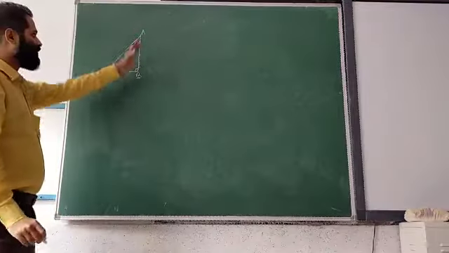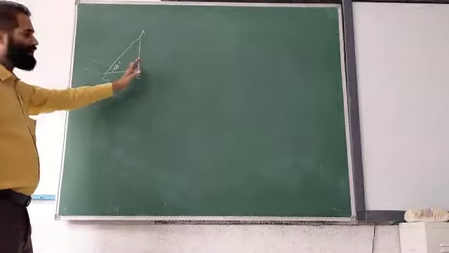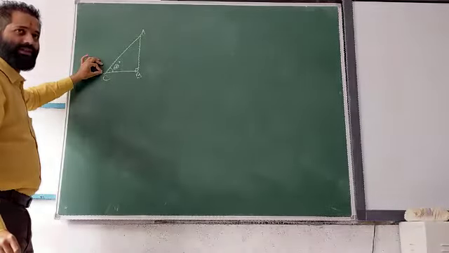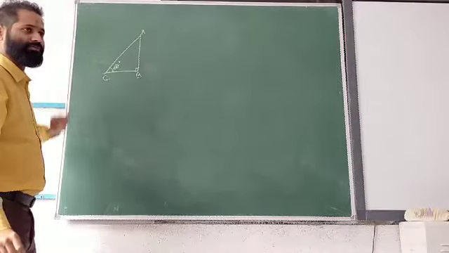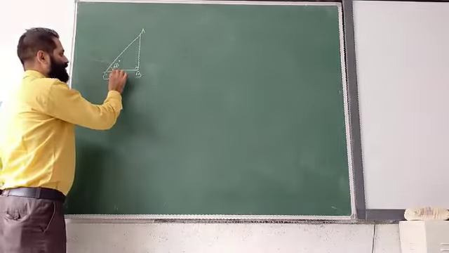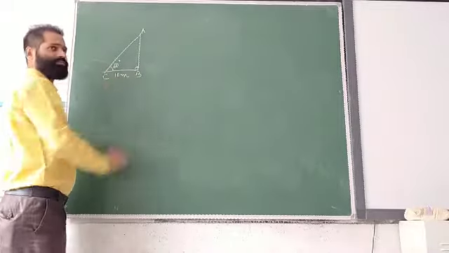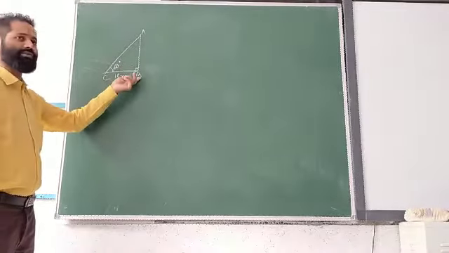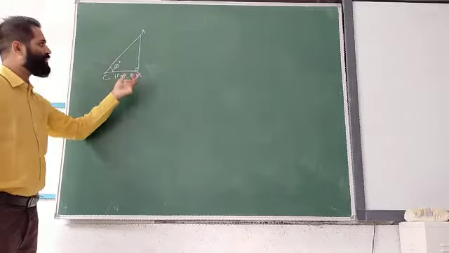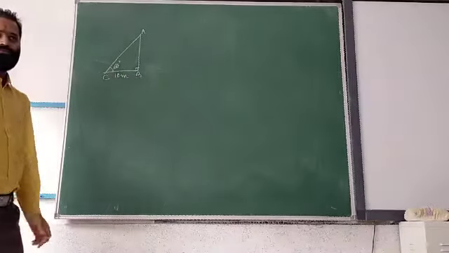This is a pole. A person is at point C and the distance between the person and the foot of the pole is 10 meter. You need to find the height of the pole.